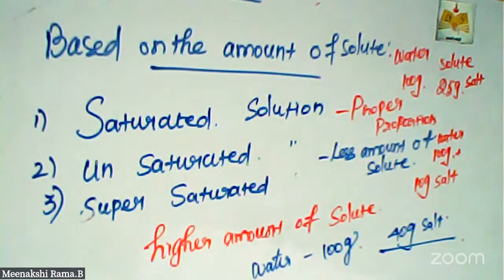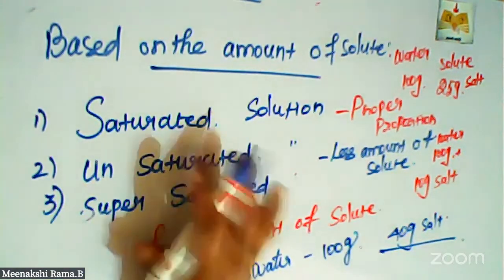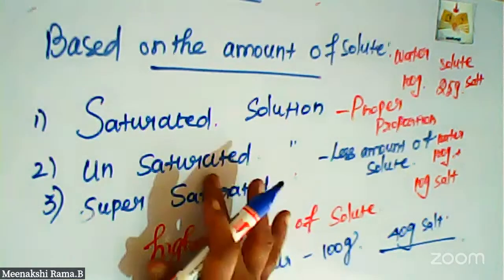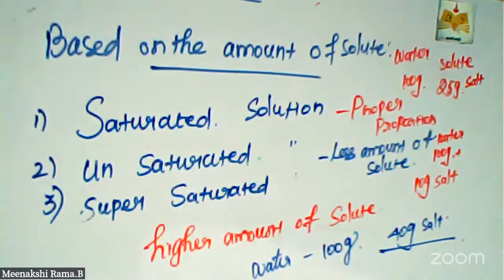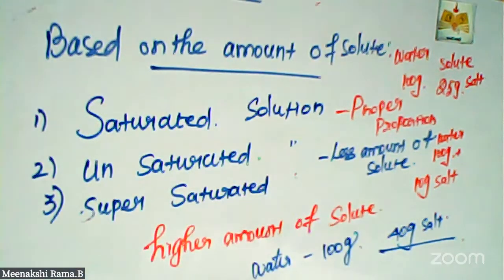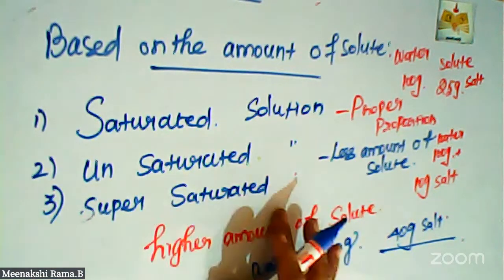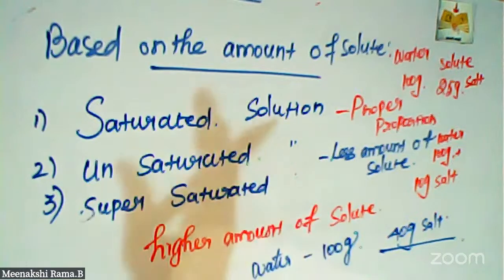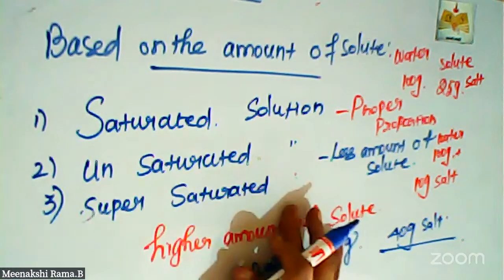When we prepare a cup of coffee and add only one spoon of sugar, that is called a saturated solution. Diabetes patients add only a little amount of sugar, and that solution is called unsaturated. If by mistake I added 4 spoons of sugar in a cup of coffee, that is called supersaturated.